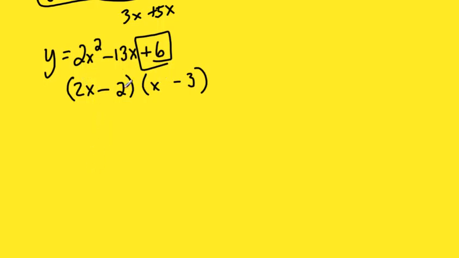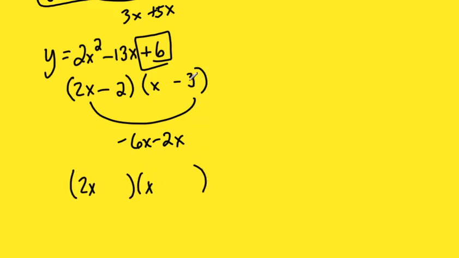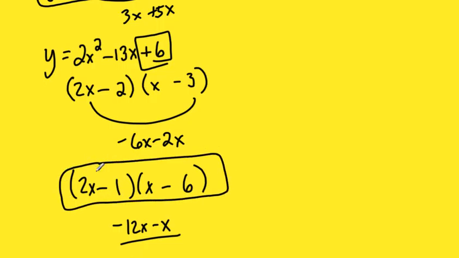It gives me the first one, it gives me the last one, but this would be negative 6x and negative 2x, which is negative 8, so that doesn't work. But if you just stop and look at it, the 6 means I have to have the same sign, so they both have to be negative. The 6 times 2 would give me 12, and then that 1 would get me up to 13. So that would be negative 12x minus x to give me negative 13. So that would be the factored form.